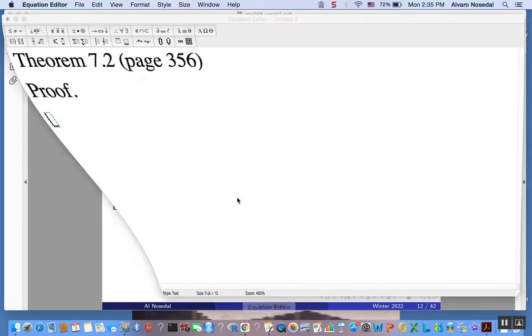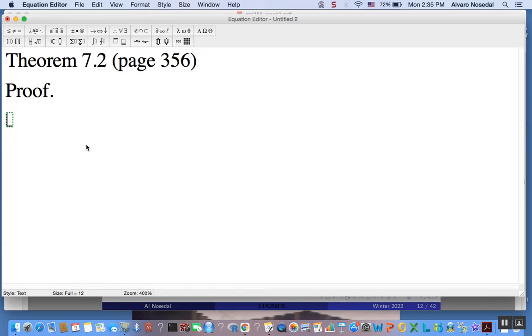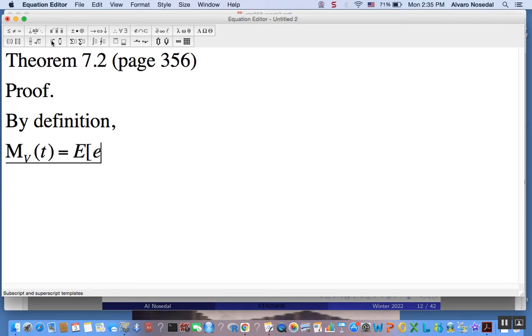Okay, here we go. So first, by definition, the MGF of our random variable of interest, that transformation V, is just the expected value of e to the power t times V. Now remember that V is going to be the sum of the squares of those n standard normals.